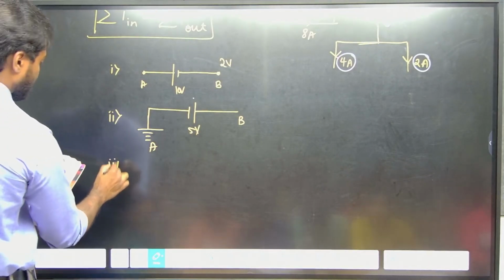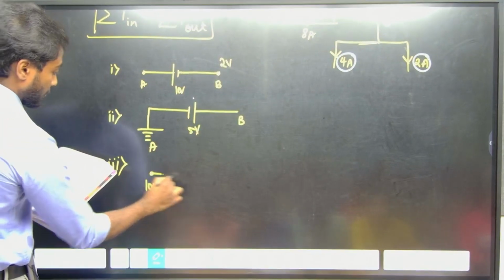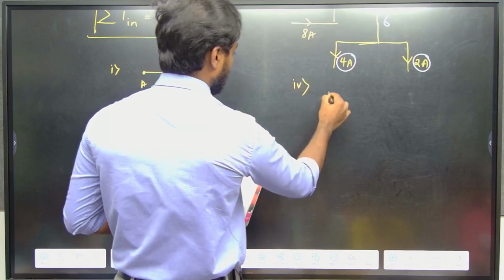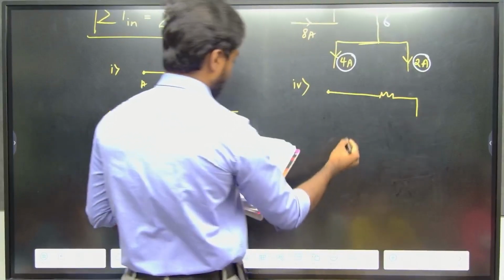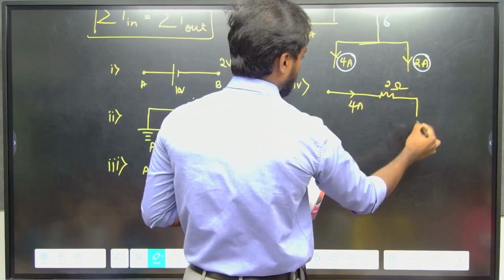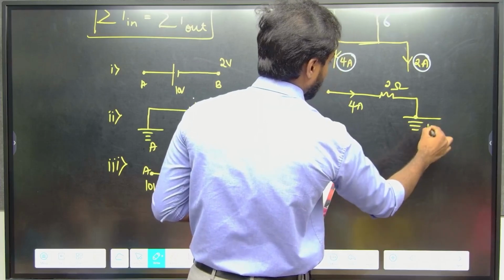Third case, 10 volt having a resistance of 3 ohms and current flowing 2 ampere, and this is point B. And the fourth one is 4 ampere going, resistance 2 ohms, and it is earth, B, A.